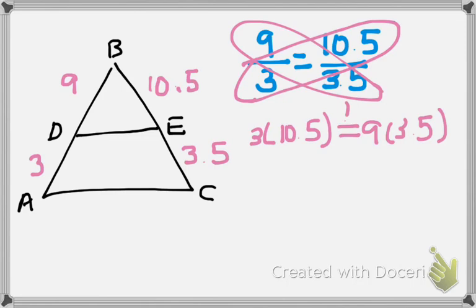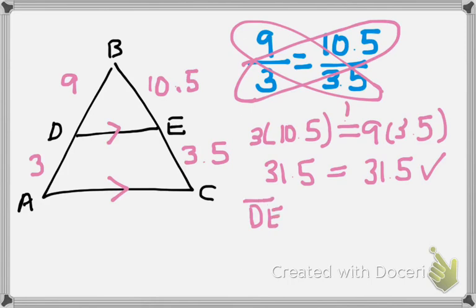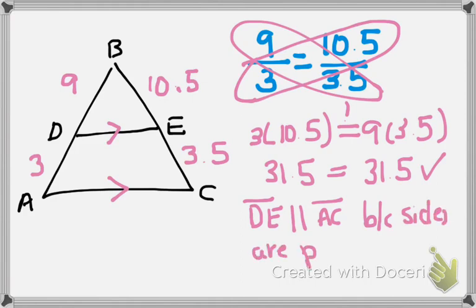So we do a quick calculation here. 31.5 and 31.5. Yes, they are equal. As a result, we can now conclude that segment DE is parallel to segment AC because your sides are proportional. It's a quick test. I promise there's nothing more to it. It's as good as it gets.